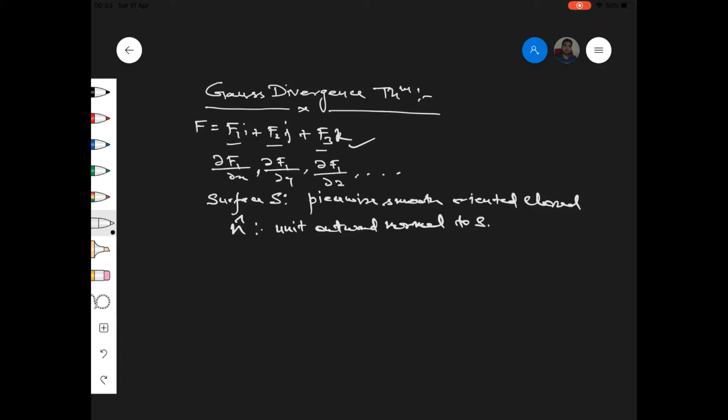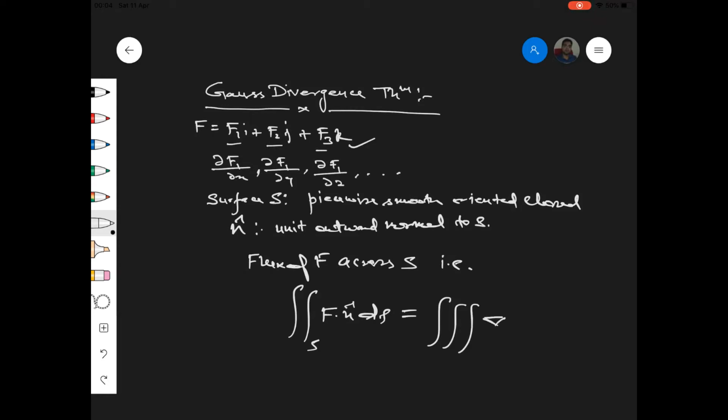Then what does the Gauss divergence theorem say? The flux of F across S, that is, the integral of F dot n cap d rho over the surface S, is equal to the triple integral of the divergence of the vector field F over the region V, where this region V is the complete region enclosed by the closed surface S.